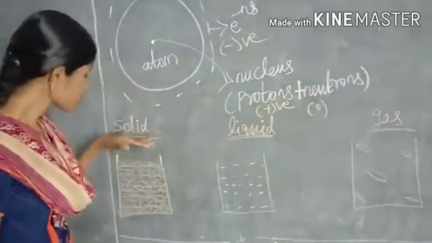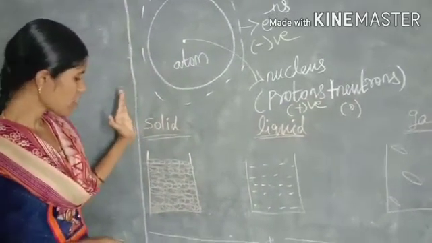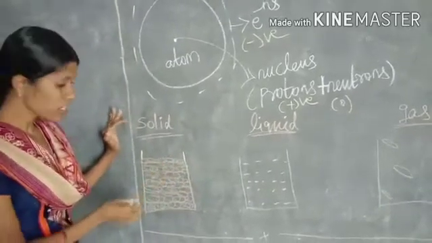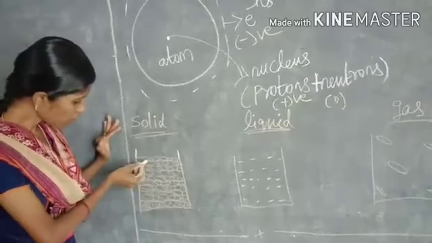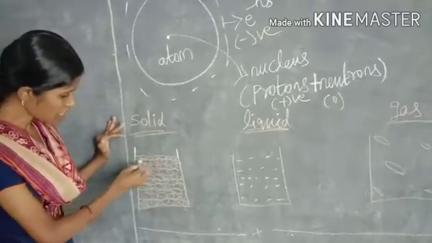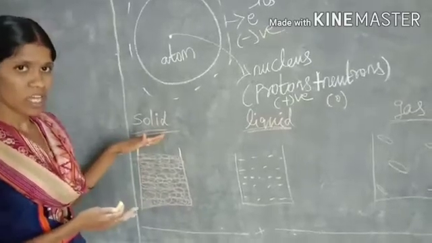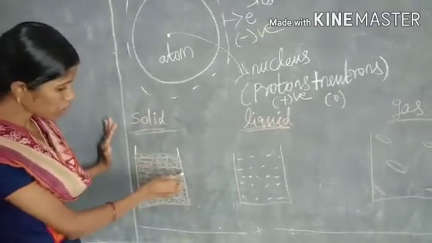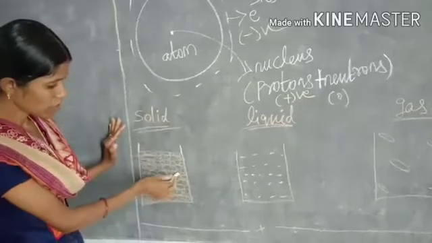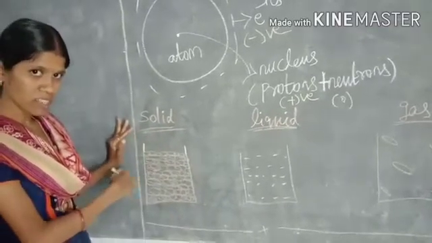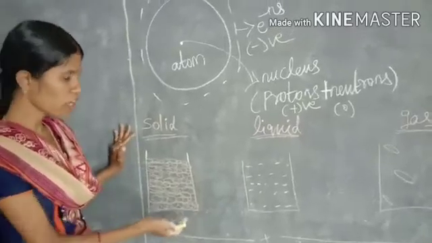In the case of a solid, the intermolecular distance between the particles is less. The distance between one particle and another particle is less because they are tightly packed together. There is no gap, no space between one molecule and another.